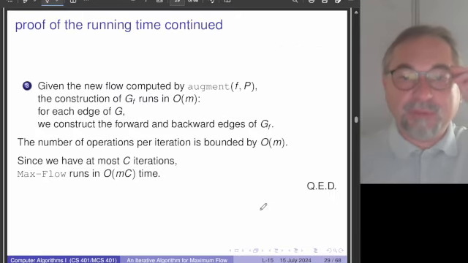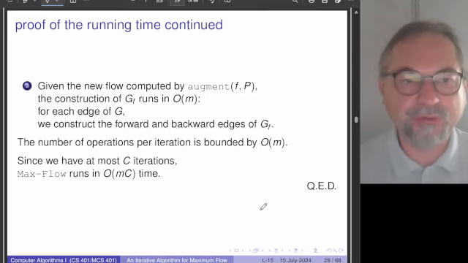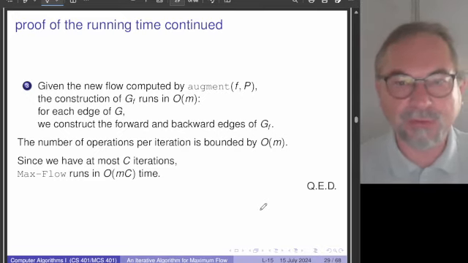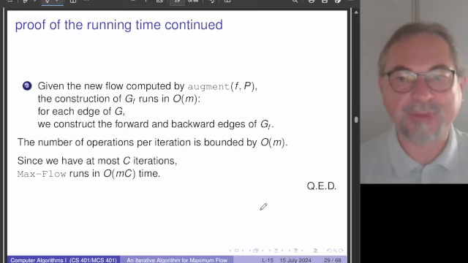Then we compute the new flow. The construction of this new graph visits all the edges. So the total cost per step is bounded by the total number of edges.